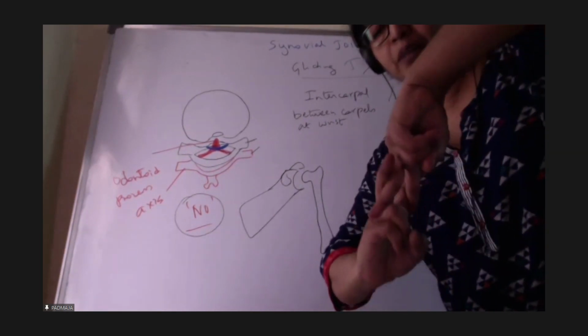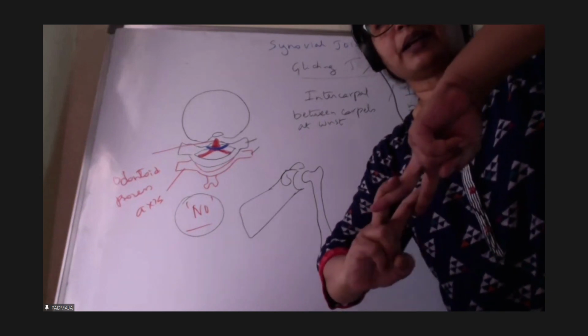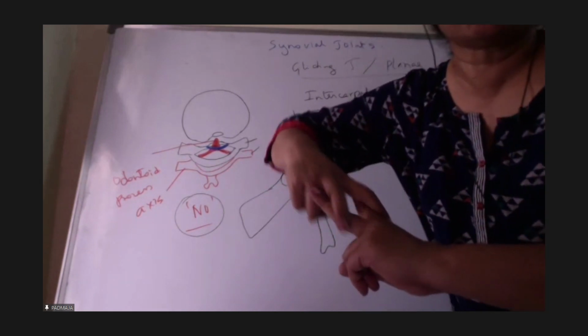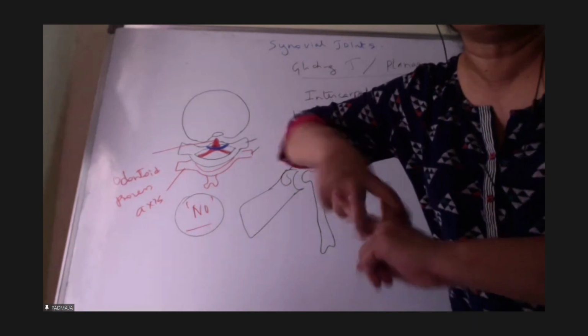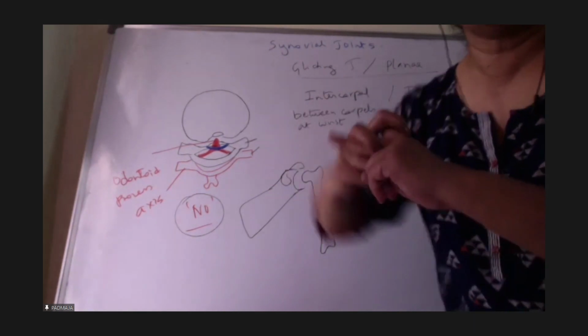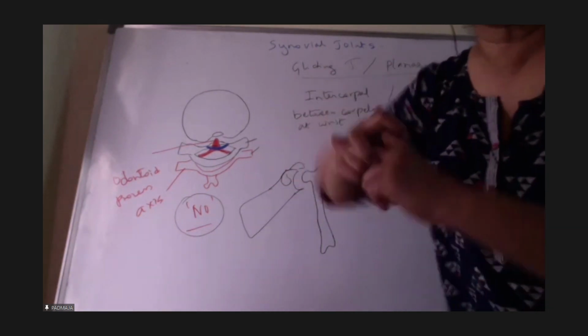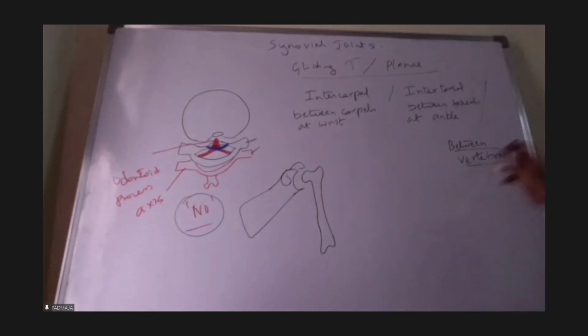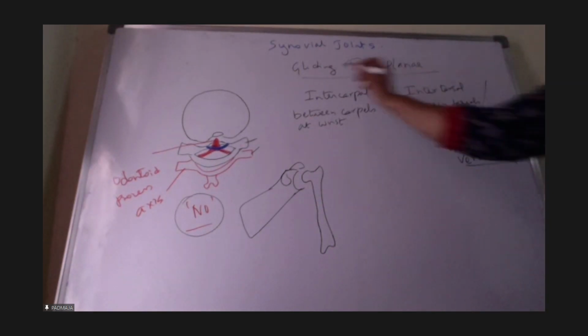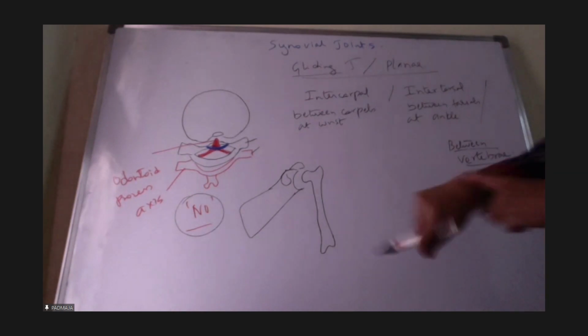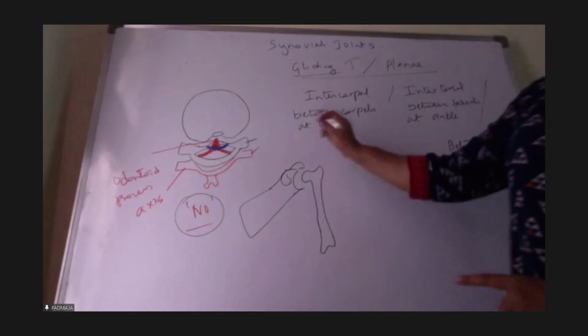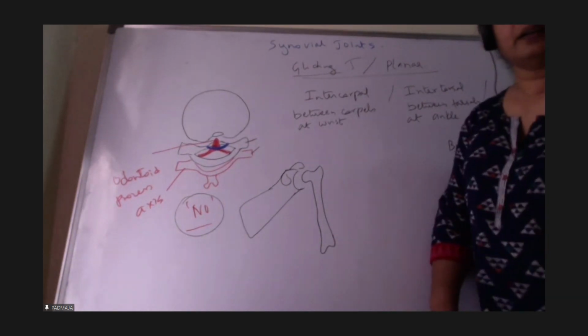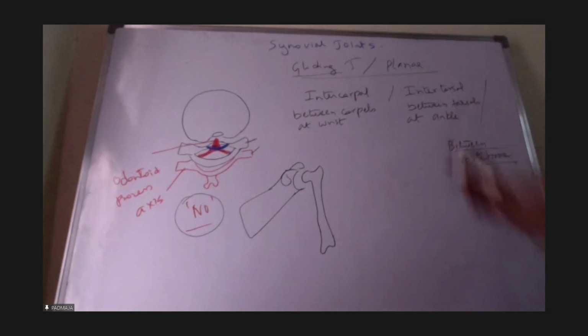They fix your vertebral column in position but allow gliding upon each other. Sideways, rotation, bending, jumping, anything. Between vertebrae, it is gliding. Between carpals, gliding. Even at the ankle, tarsals, gliding.